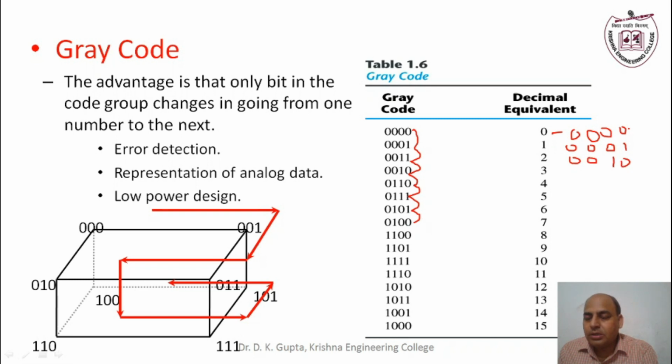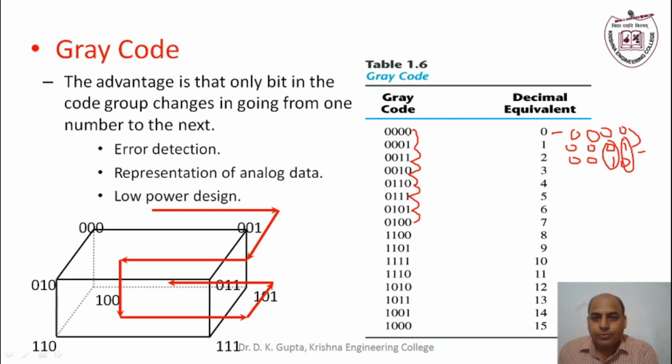So here we can see there is a difference of one bit pattern from 0 to 1, but from 1 to 2, one bit is converted from 1 to 0 and another is converted from 0 to 1. That means two digits changed. Okay, so gray codes are the codes whose adjacent digits differ by only 1.